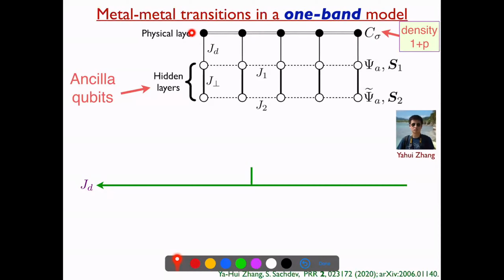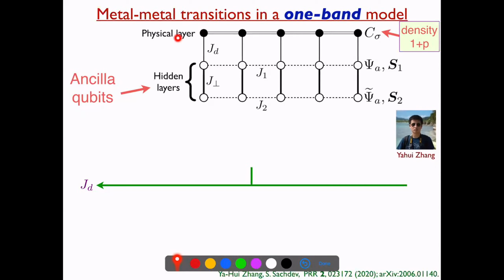Well, the way to do this, it turns out, and this is really something I've been searching for many years, and this is by far the cleanest way I found, or Yahui found really, is you exploit what are called ancilla qubits. This is a kind of idea that's quite common in quantum information theory, where you imagine you have some extra qubits which you can use to generate entanglement in the physical qubits.